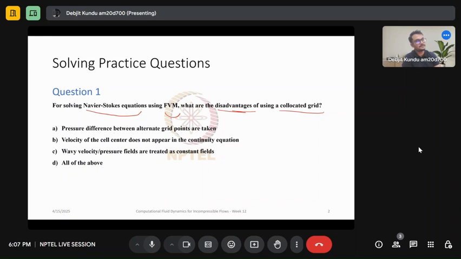Option C, that wavy velocity or pressure fields are treated as constant fields. Or is it option D, all of the above? That is, all of options A, B, and C are correct.